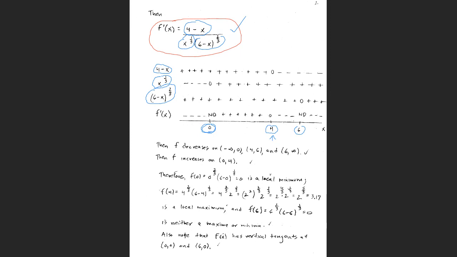And by the way, when x is 6, that makes the (6 minus x) to the 2/3 power, the denominator, 0. So this then tells me that the first derivative is nd at 0 and 6. What does nd mean, you think? Undefined. Very good.